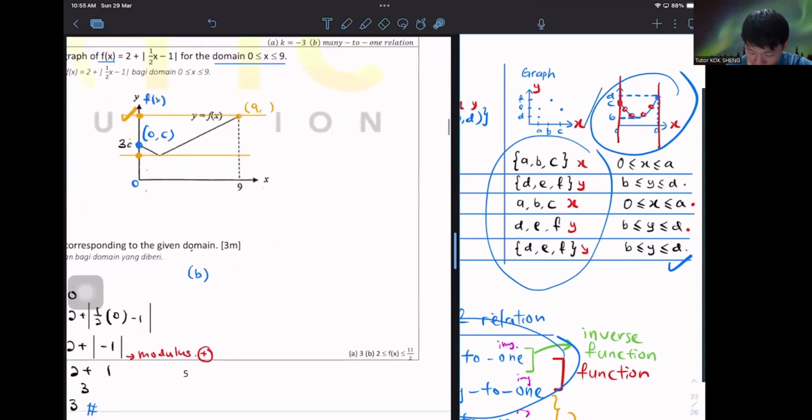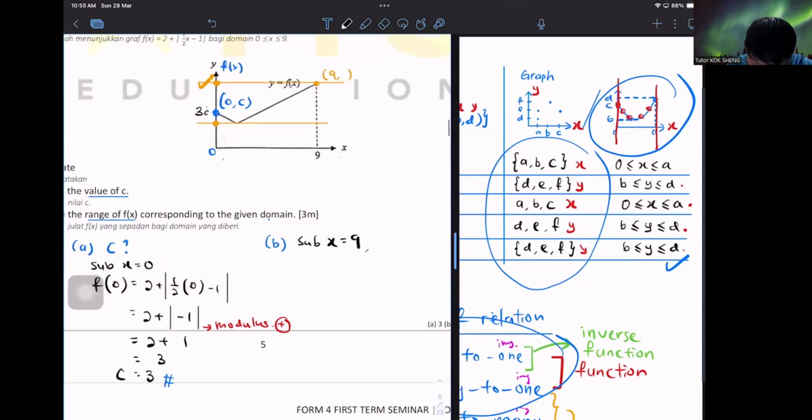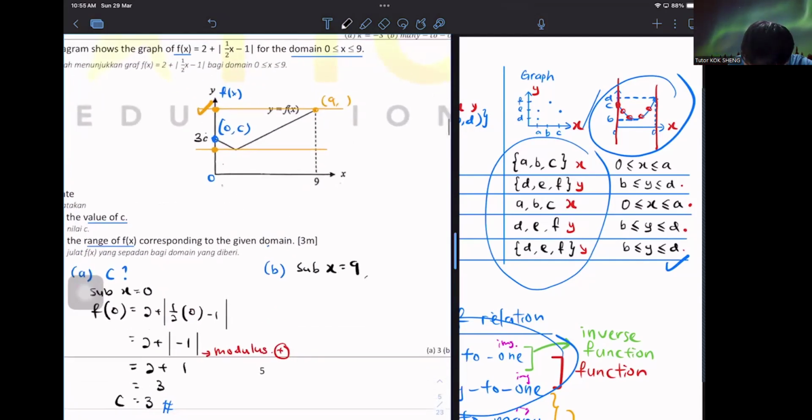Let's sub the 9 first. The object becomes 9: 2 plus modulus of 1 over 2 times 9 minus 1.